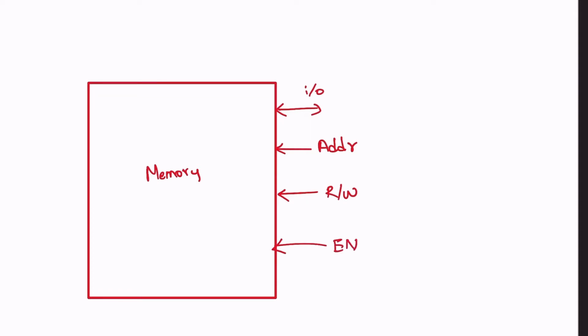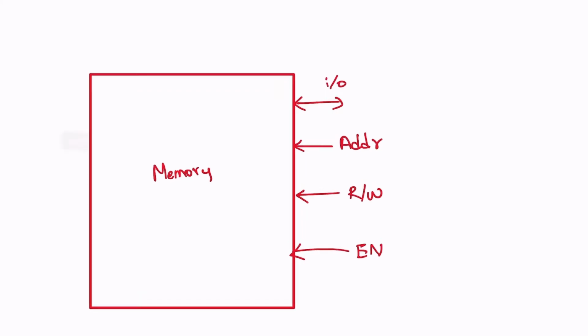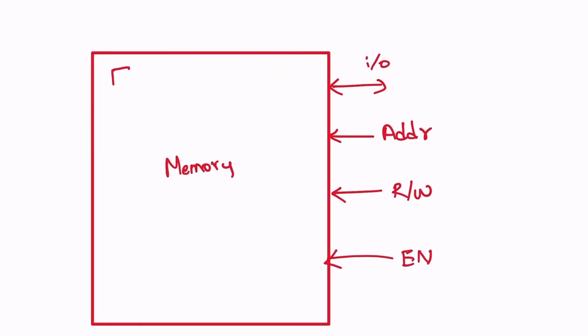And if it's a write, the input data is placed into the memory, and if it's a read, the data from the memory is fetched onto that bus. So now inside the memory, of course, are various memory cells or memory locations, and these locations will be able to hold a fixed number of data.